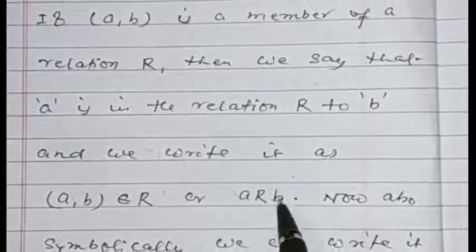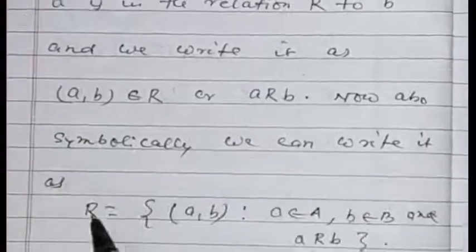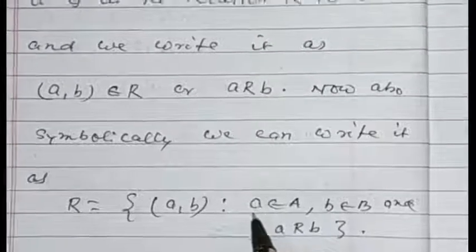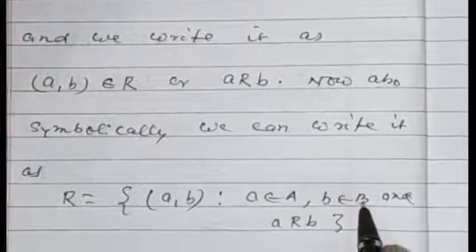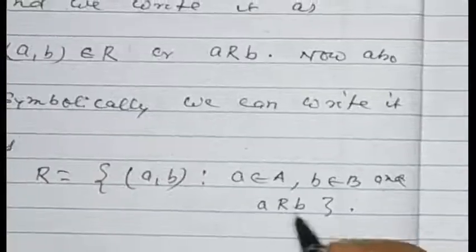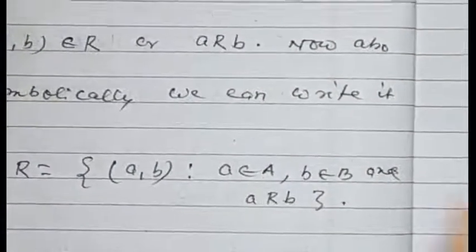A is related to B. Symbolically we can write it as R is the set of (a, b) such that a belongs to set A and b belongs to set B, and a R b.